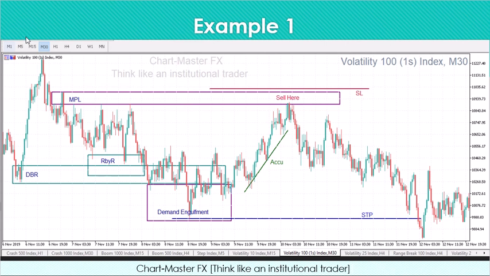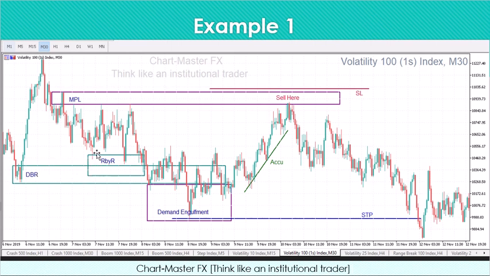So here, guys, we are on Volatility 101S index on M13. The first thing that you need to do is to identify the SDE. As you can see, guys, here we had a drop base rally. Once you have your drop base rally, then what do you do? You wait for a reaction by rejection to the base.